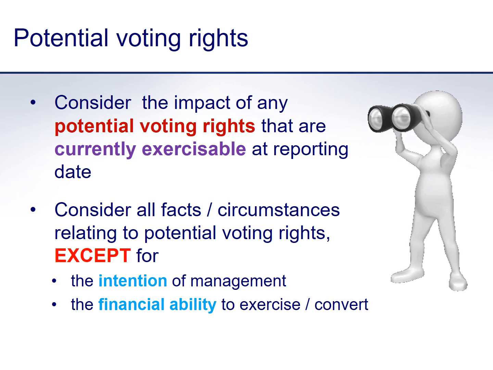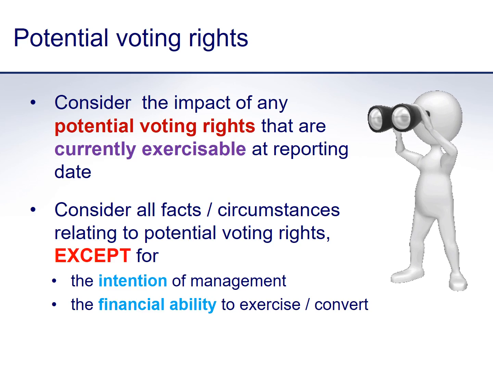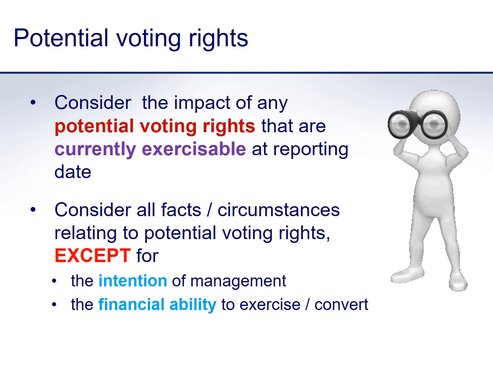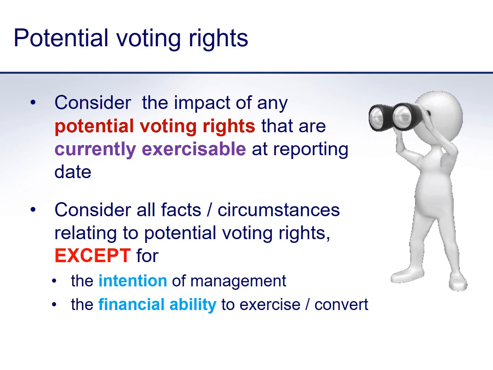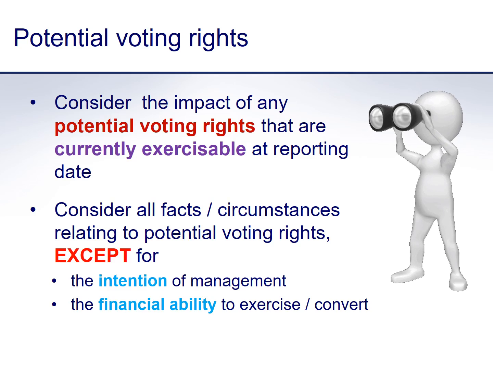So power isn't about what decision making rights you currently have, but what decision making rights you could have based on the fact that the options are presently exercisable if you were to exercise the options.